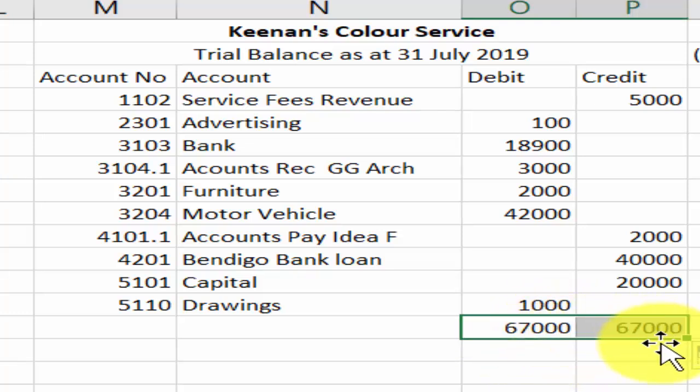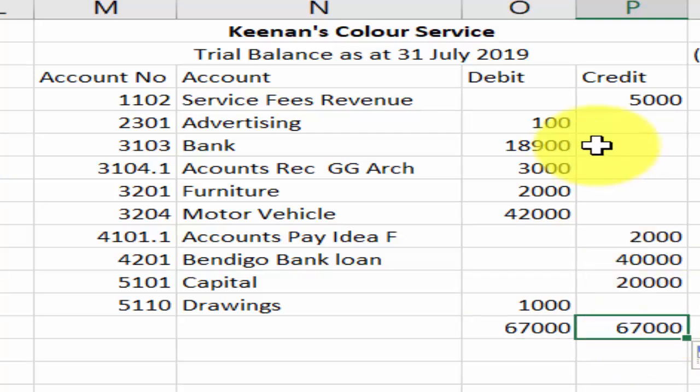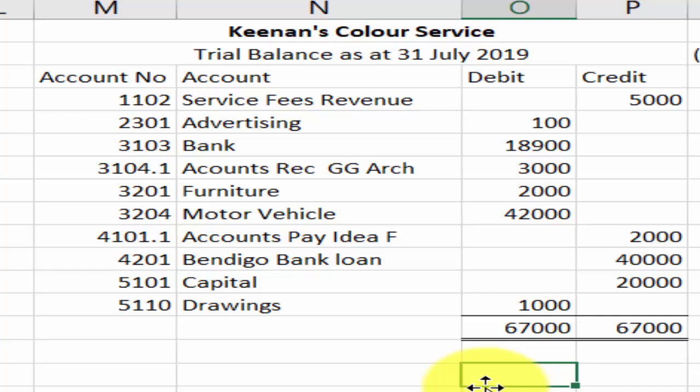If I then add up the other side as well, okay, both amounts are equal, and in the first instance that highlights that I have done the process correctly, and if that's the case, then you can be satisfied that you've done a good job.